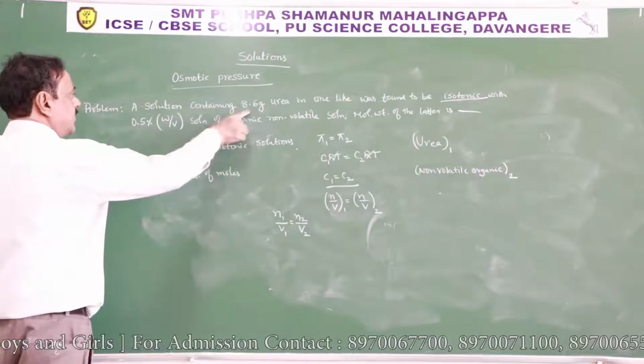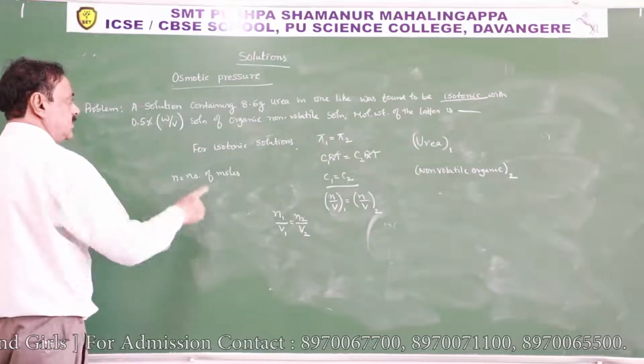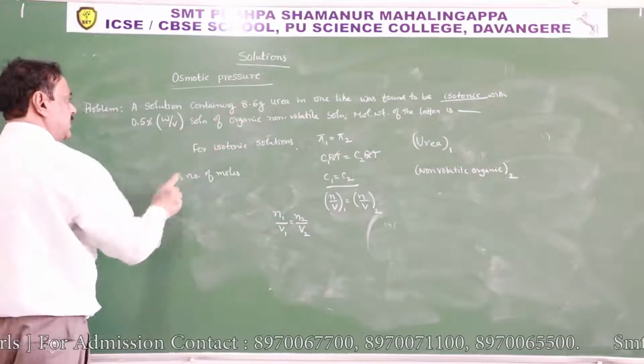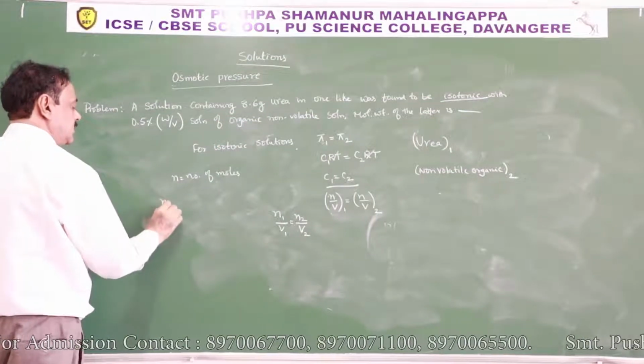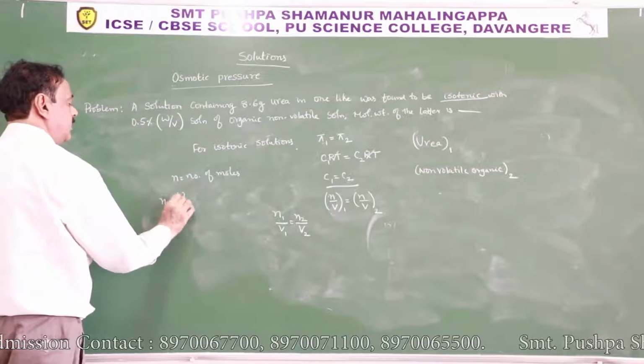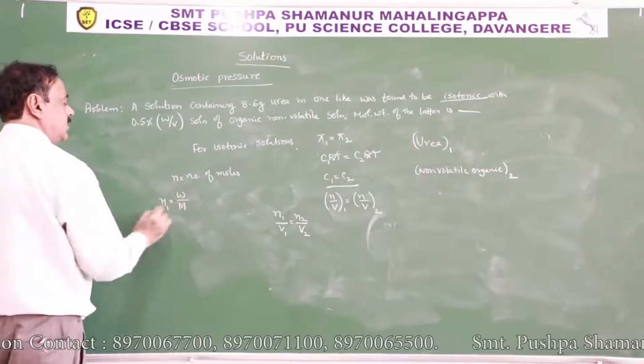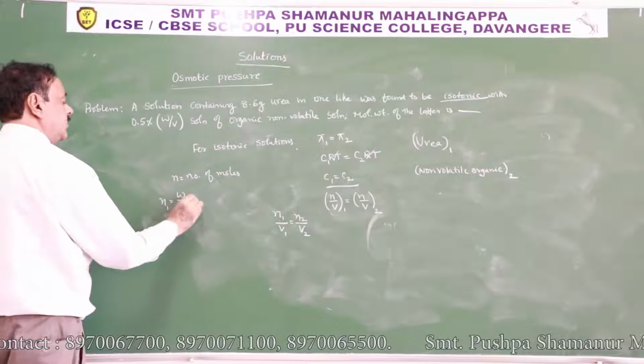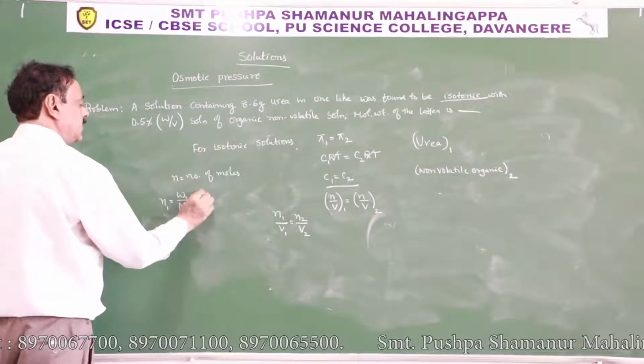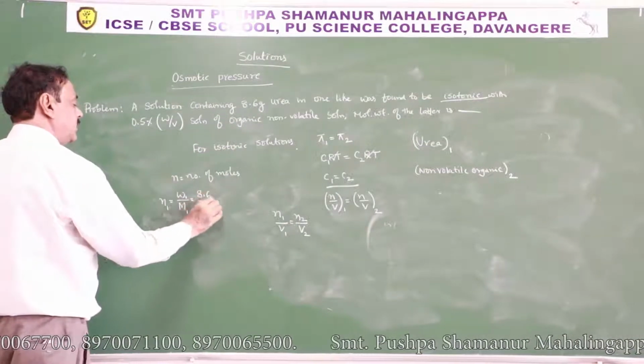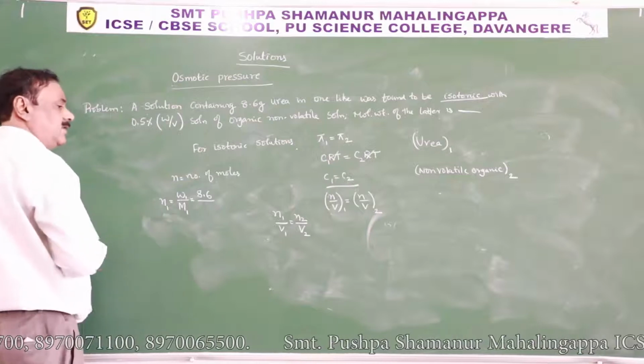Here, the number of moles of urea, n1, is equal to weight divided by molecular mass, W1 divided by M1. Weight is given, that is 8.6 divided by the molecular mass of urea.